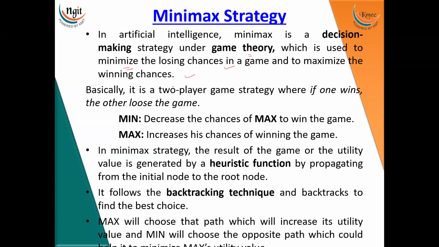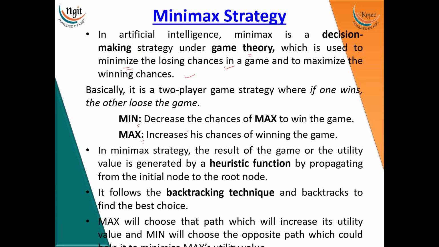It is a two-player game strategy. If one wins, the other definitely loses the game. There are two players, min and max. Min decreases the chances of max to win the game, whereas max increases his chances of winning the game.